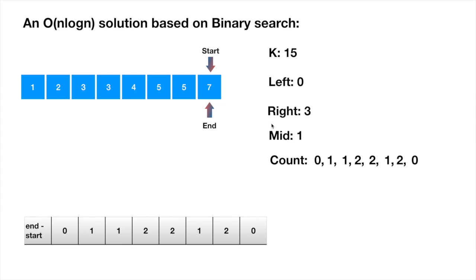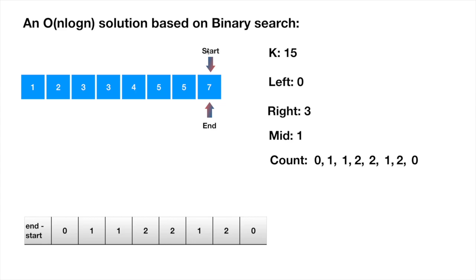Since our upper bound is 1, the start pointer can't find any legal situation before it reaches the end of the array, so the count is 0.